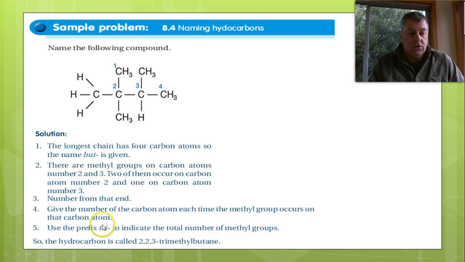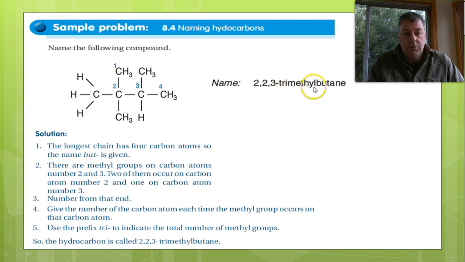We use the tri to indicate the total number of methyl groups, and so all up the name is 2,2,3-trimethylbutane, and the ane tells us there's only single bonds in that longest chain.